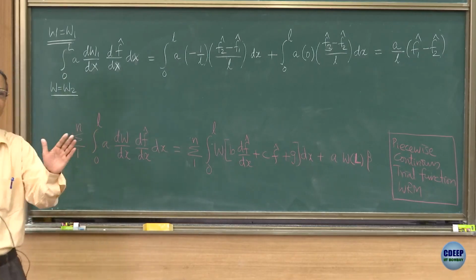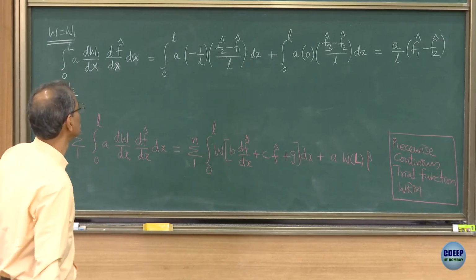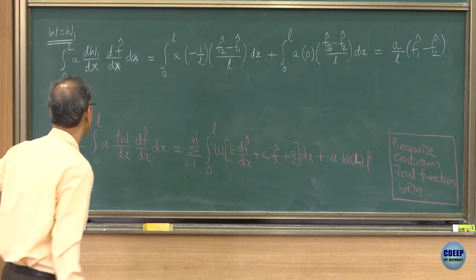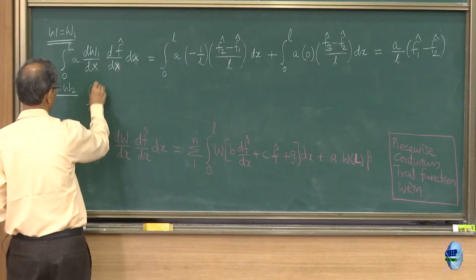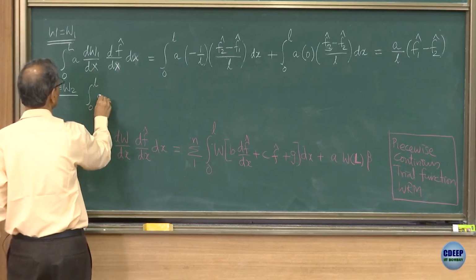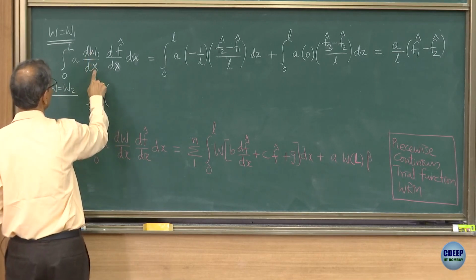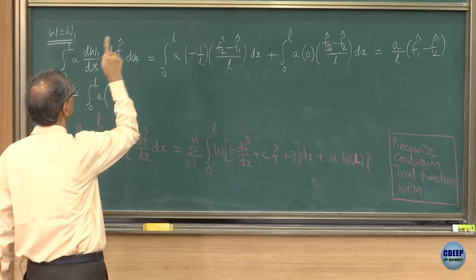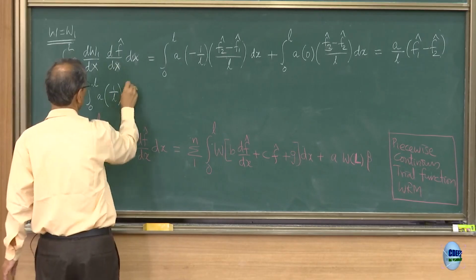Then I will take up the right hand side one term at a time and work it out. So I will write it here directly, 0 to L A times dW2 by dx. W2 is x by L, so dW2 by dx is 1 over L. Please see how I am writing.